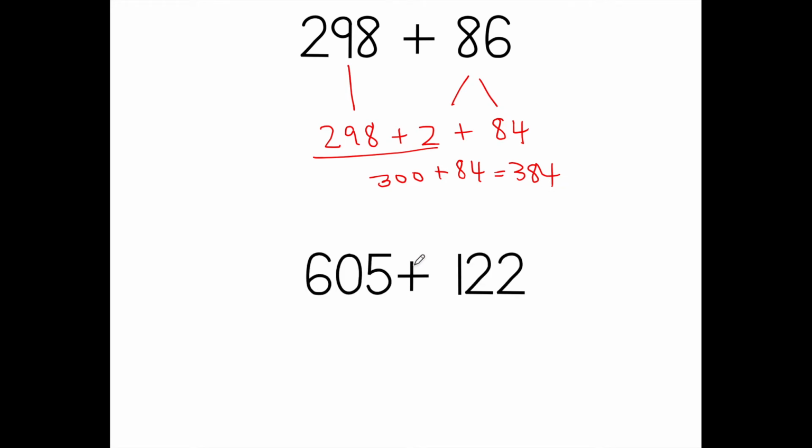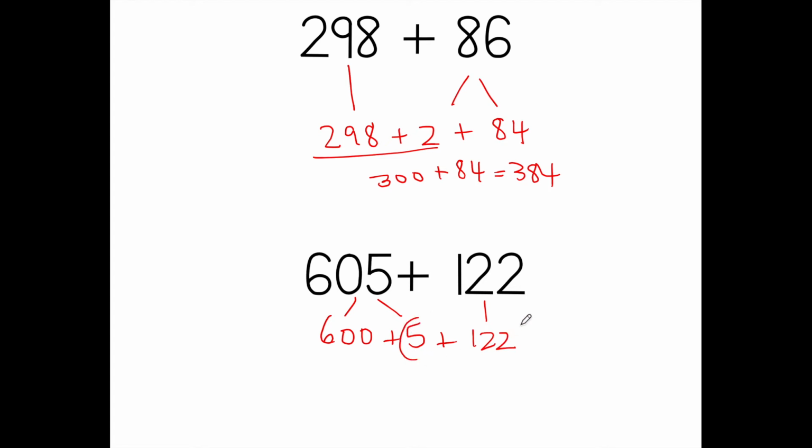All right, let's look at this one, 605 plus 122. I know that 605 is close to 600, so what if I break 605 into 600 plus 5, and then I add that 5 with 122.